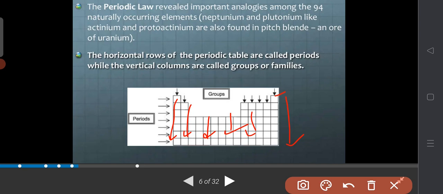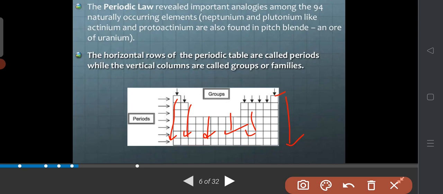In group 18, all the inert gases are present because they have the same kind of chemical properties. According to atomic number, the 8th element, neon, will come in the last group. So they are situated that way.